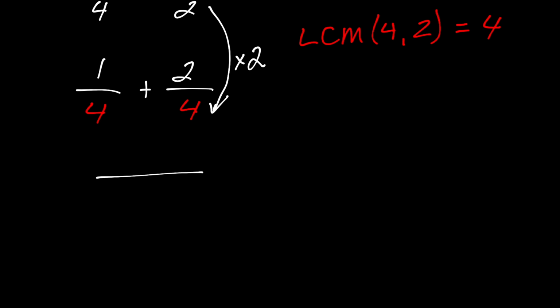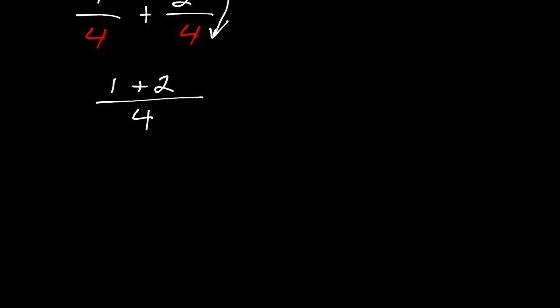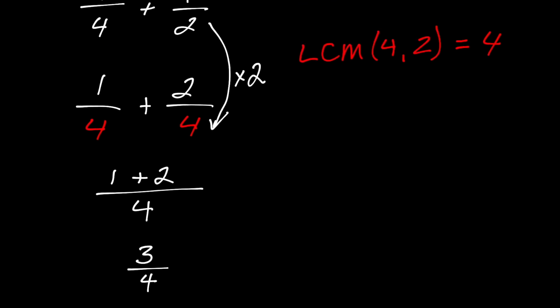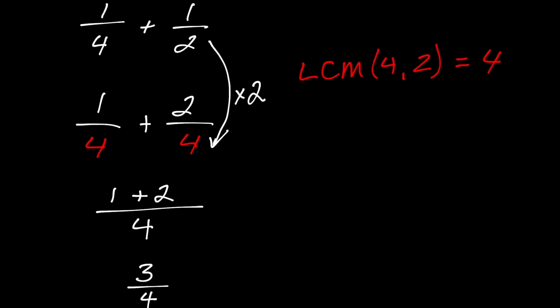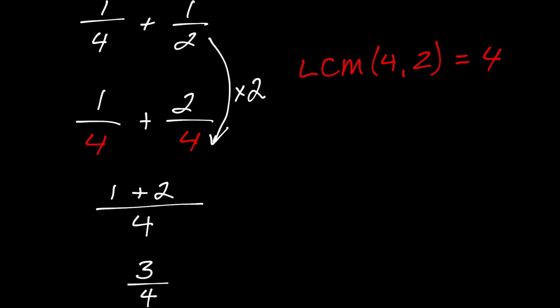And then I'm going to keep the denominator, add the numerators, and that is equal to 3/4. We probably wouldn't do this in high school anymore. If I have problems like this here, I have students use a calculator for that. They probably already know how to do this, but it's important to know how to do this process if you're going to be able to do the next one I'm going to show you.